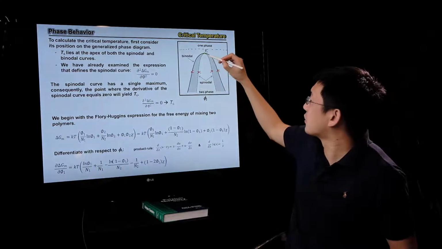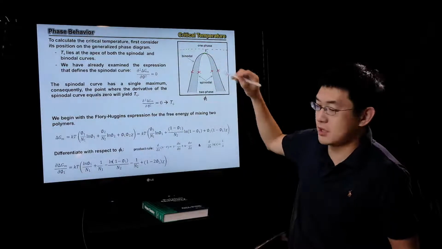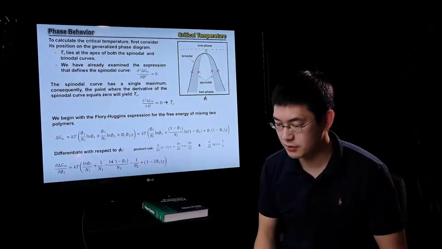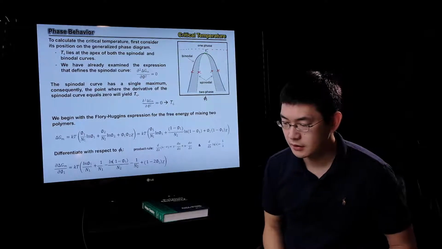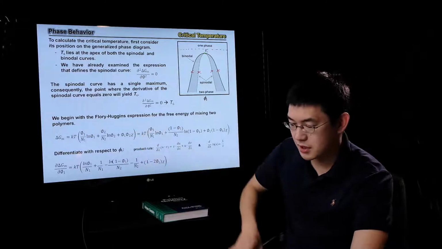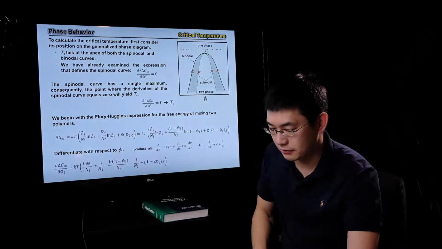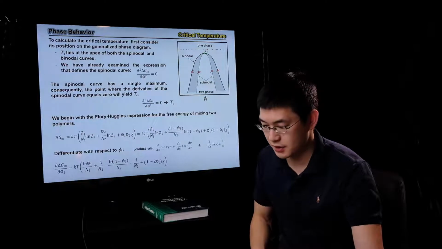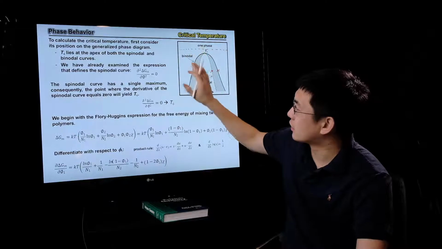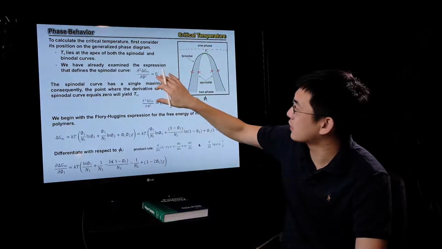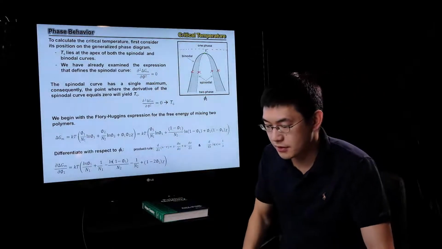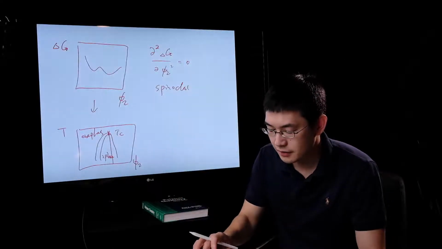The spinodal and binodal just join where it is the critical temperature, Tc, okay? So there is a little bit of math that we need to do, and we can just apply this very simple knowledge, because at this critical point, as you can see, not only the first derivative and second derivative of delta G with phi will be 0, but also the third derivative, okay?